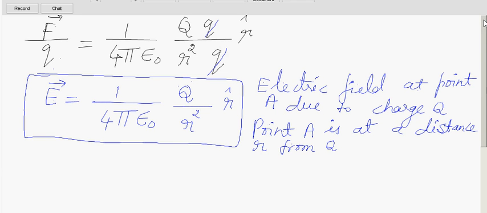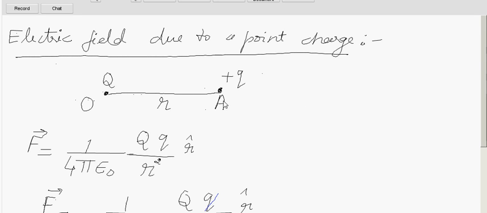Now the direction of the electric field intensity. I can mark here the field intensity E. It will be acting along the force F. So the force is acting like this, and the field is also in the same direction.